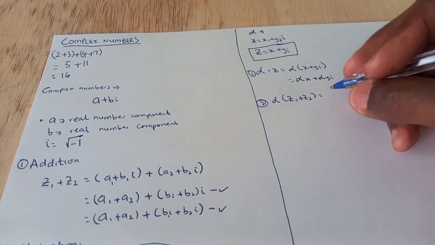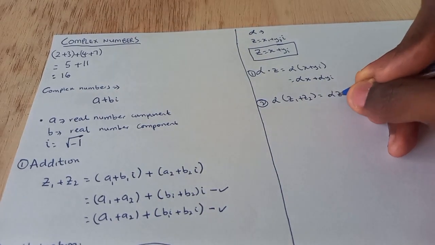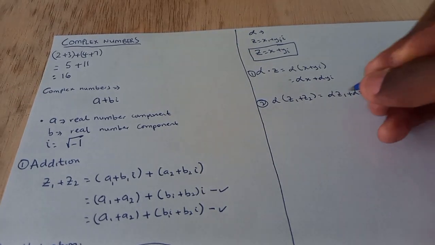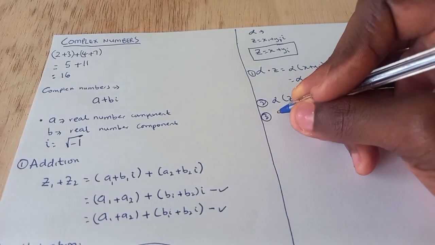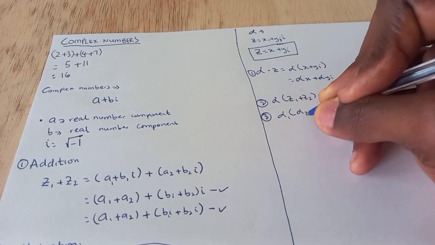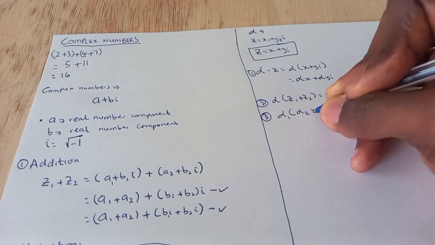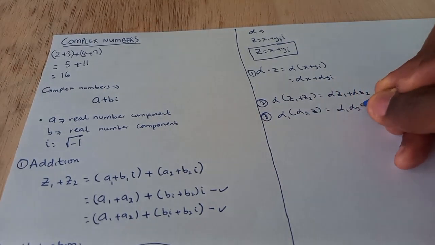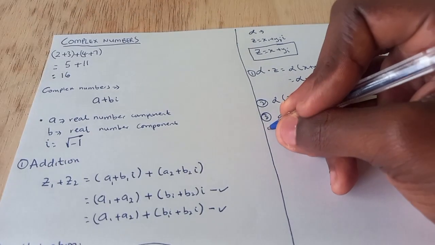So we have alpha Z1 plus alpha Z2, and let's go to the third one. Let's say alpha 1 times alpha 2 times Z. We have it to be alpha 1 times alpha 2 times Z, if you are correct.